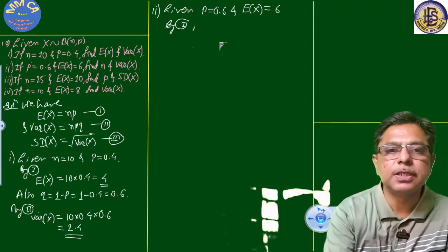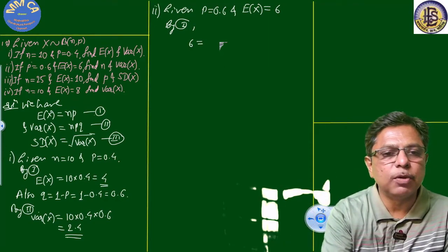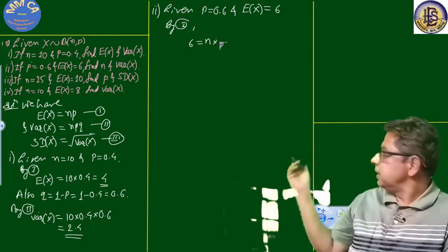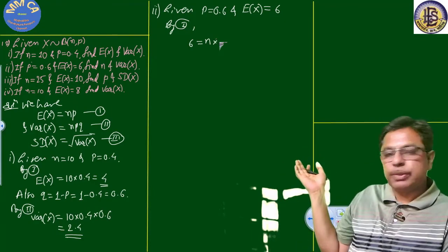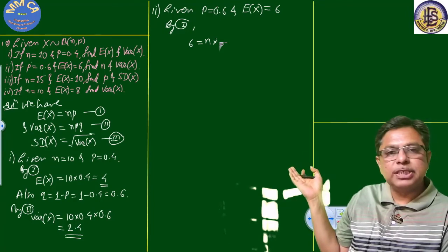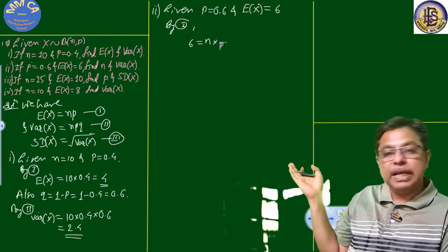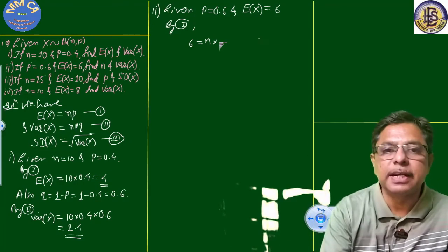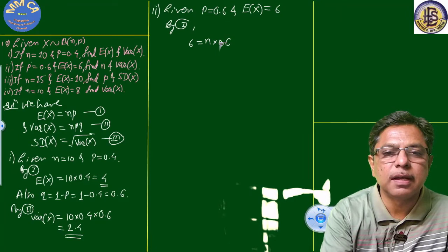So 6 is equal to the value of n into, see the formula there, expectation of x is equal to n into p. Expectation of x is 6, it is given here. The value of n you have to find, and p is 0.6 there. It is n into 0.6.